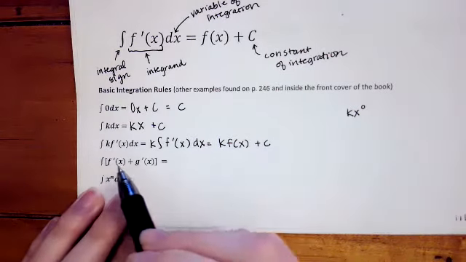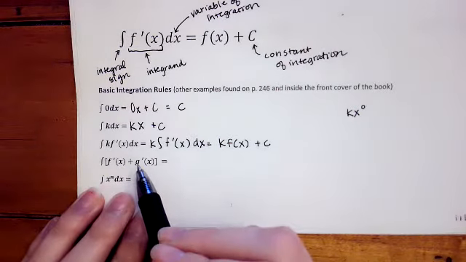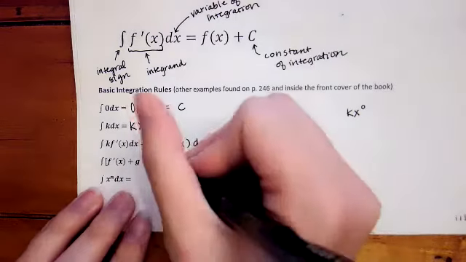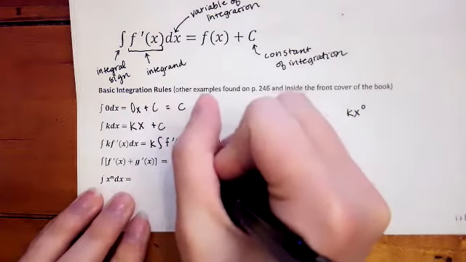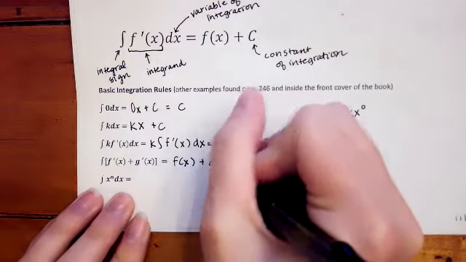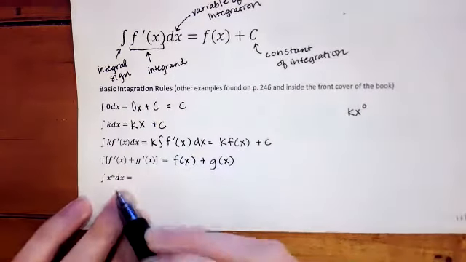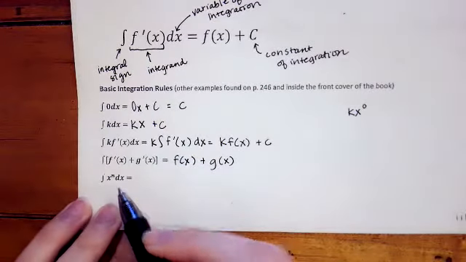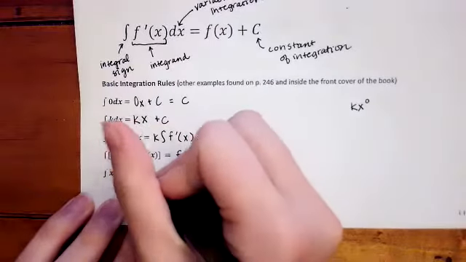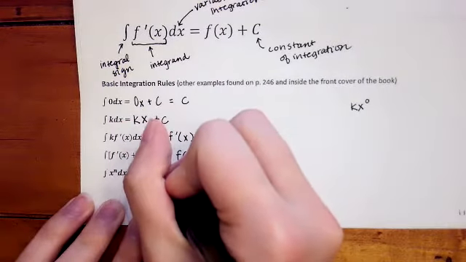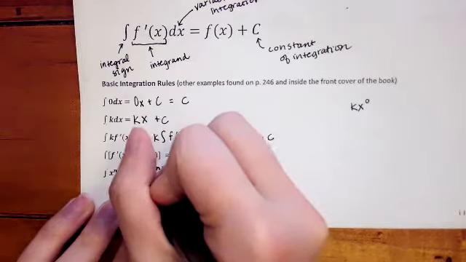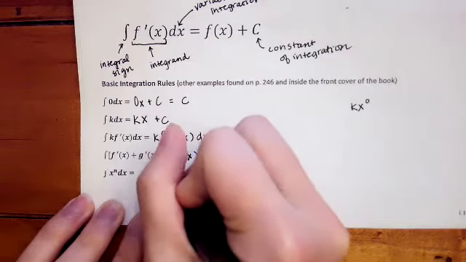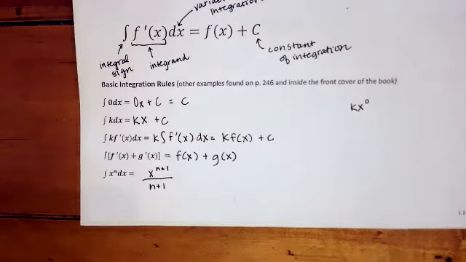Just like in derivatives, I can add or subtract my integrand, and that will give me f of x plus or minus g of x. And then we also already talked about this power rule per se, where we have x to the n plus 1 now over n plus 1, or times our reciprocal of our new power. Okay, so that's kind of like our power rule.